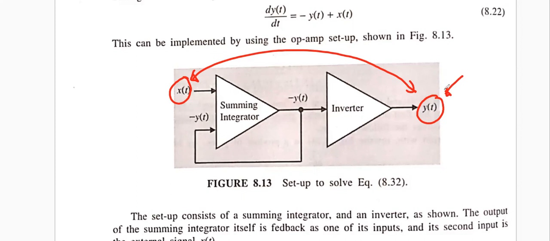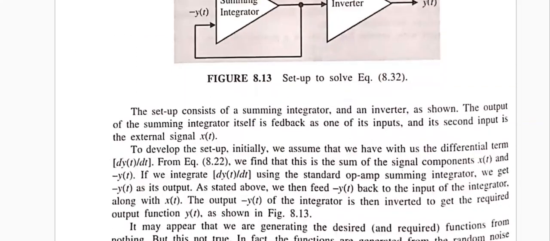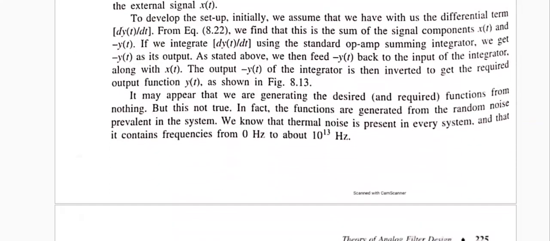So it is always the fact that in the signals or systems of analog circuits, we can produce noise inside the signals. We have thermal noise, and the range of the thermal noise is from 0 to 10 to the power 13 hertz. So that is a huge range of the signal. Basically we are designing our filter in accordance with our input signal in such a way that we can get our desired output signal.